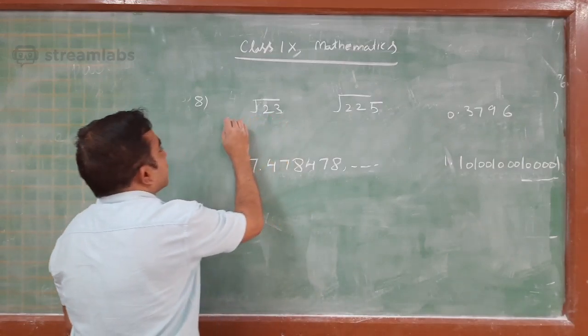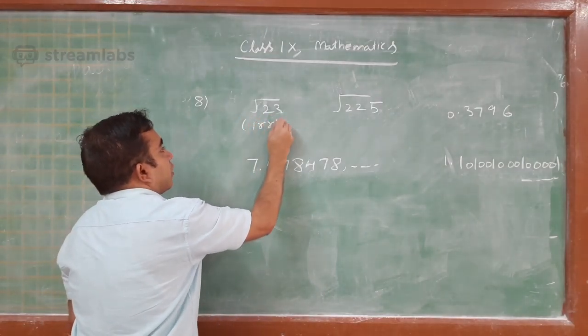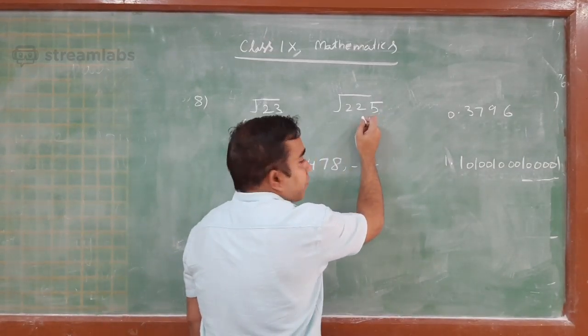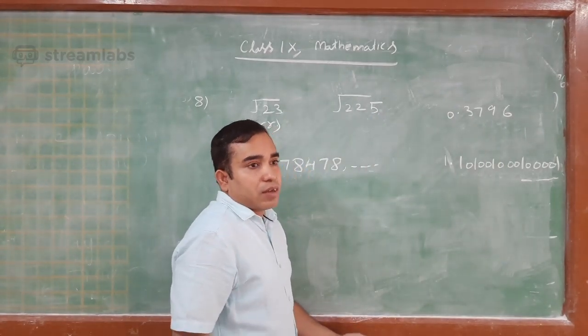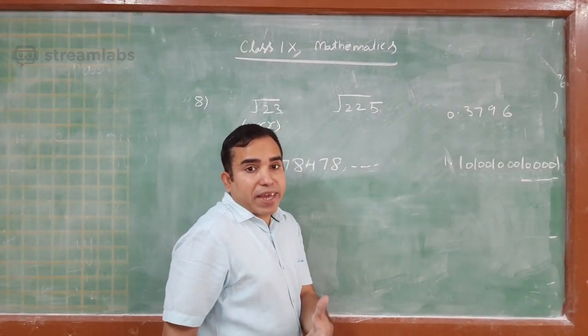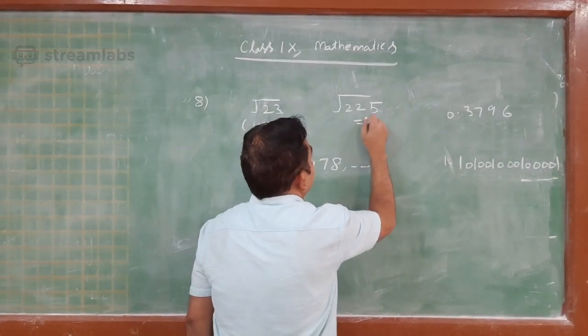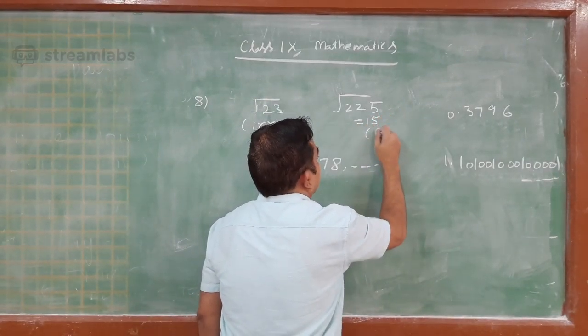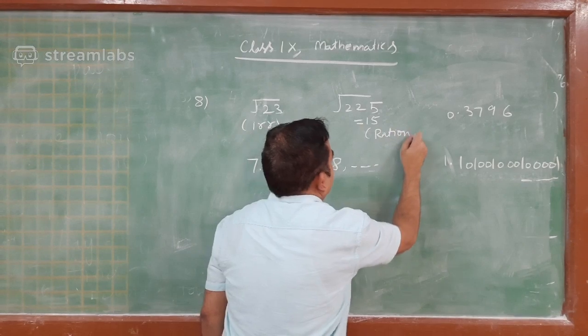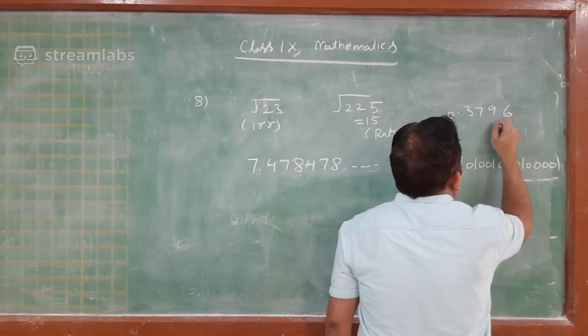This is root of a prime, it is irrational. Root 225 is nothing but 15, since 15 squared is 225. So this is rational. This is terminating, so rational it is.